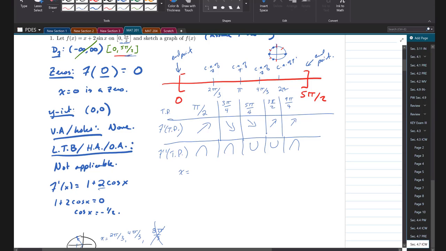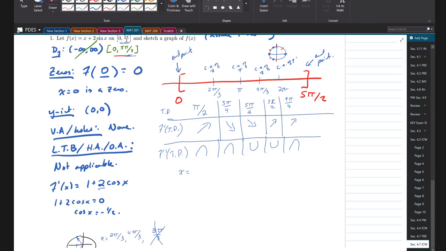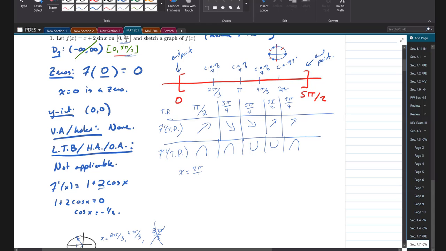Okay. So this information here, looking at this chart, the information around here, that's enough to tell me that x equals 2 pi over 3 is the location of a local max.